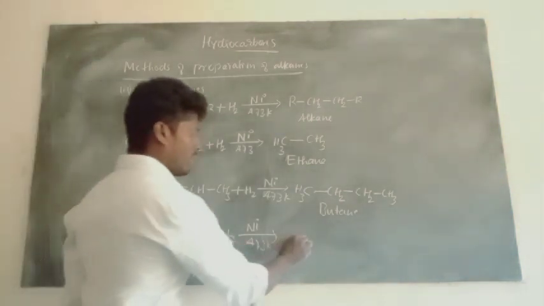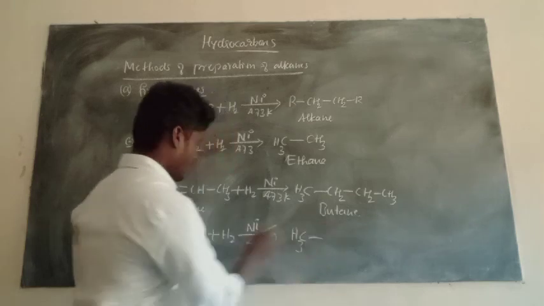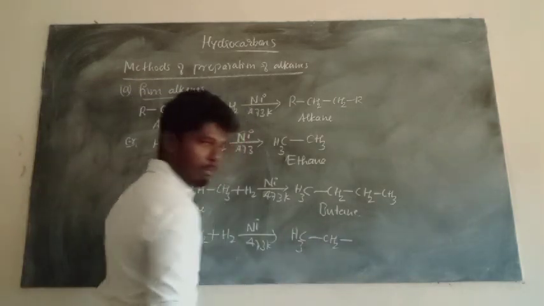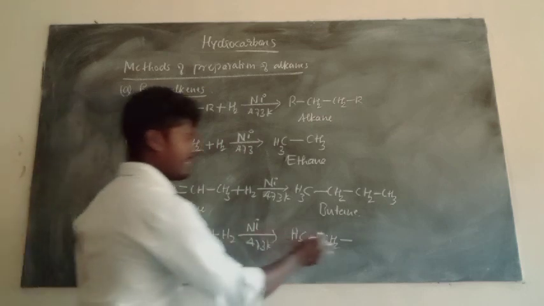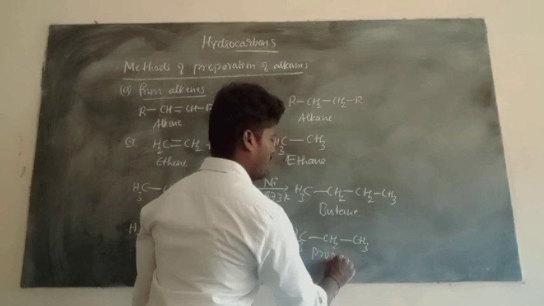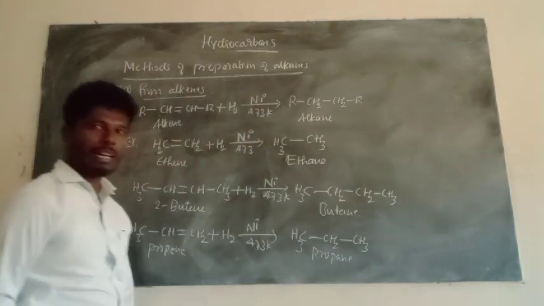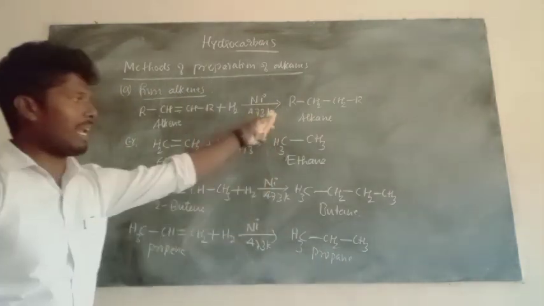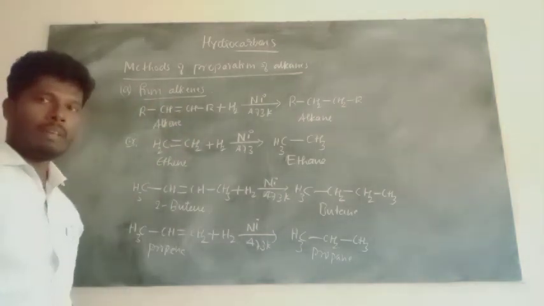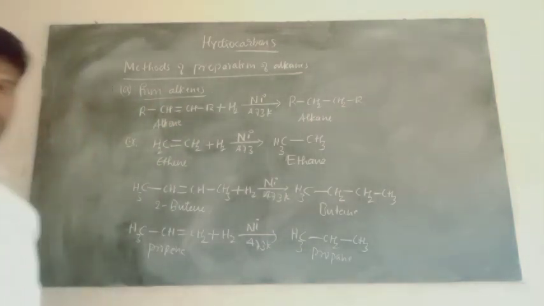The result is alkane, that is CH3, then CH becomes CH2, the double bond becomes a single bond, and CH2 becomes CH3. That we get is propane. This is one of the methods to prepare alkanes from alkenes.